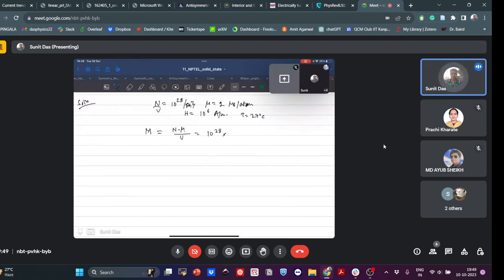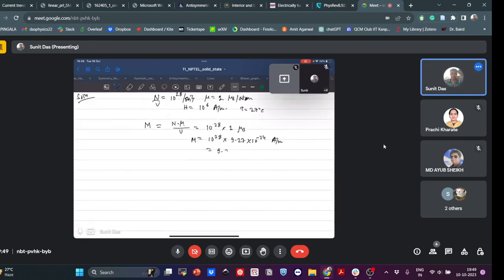Each ion contributes 1 Bohr magneton. So explicitly, 10 to the power 28 into 9.27 into 10 to the power minus 24 will be 9.27 into 10 to the power 4 ampere per meter. This is the magnetization.